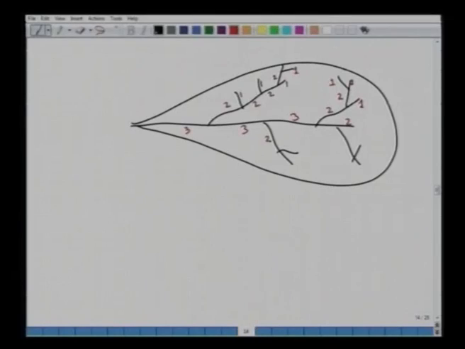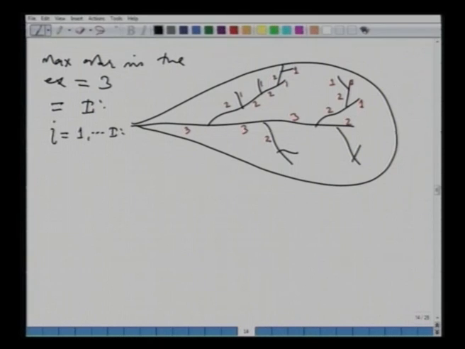And then the maximum order in the example which we have drawn is what? It is 3. Okay. And let us say in general it is capital I. All right. So, your order index is I, it will vary from 1 to capital I. All right. So, this is the ordering system as per Horton. Okay. The next parameter we are going to look at is what is called the bifurcation ratio.